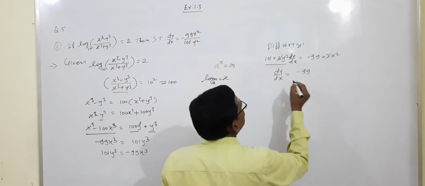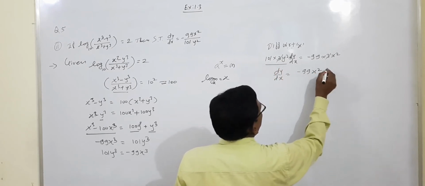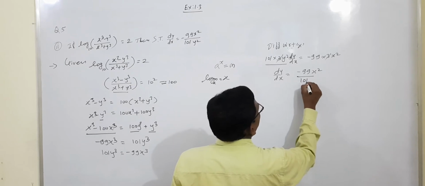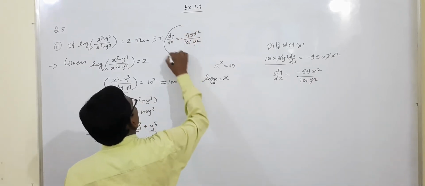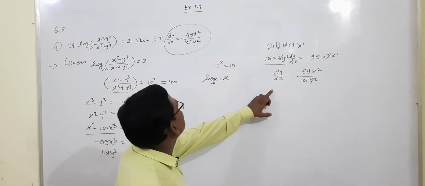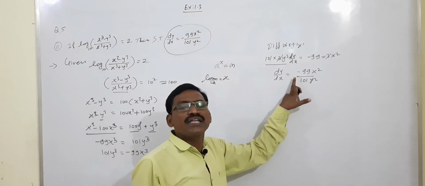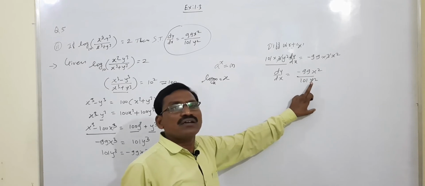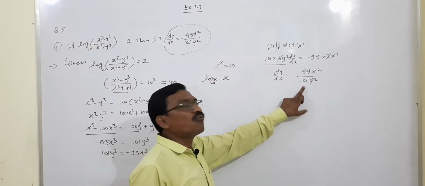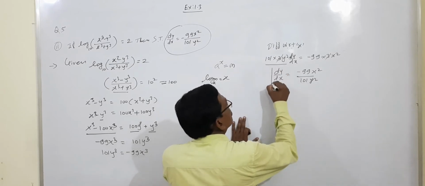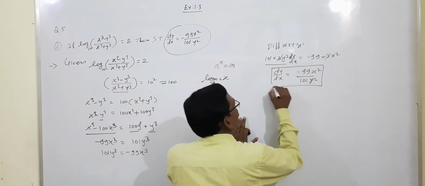So 101 divided by 101 y square here, and hence we have to show that dy by dx equal to minus 99 x square upon 100 y square here. Hence we have to show that.